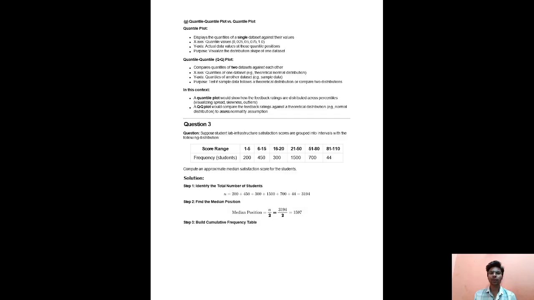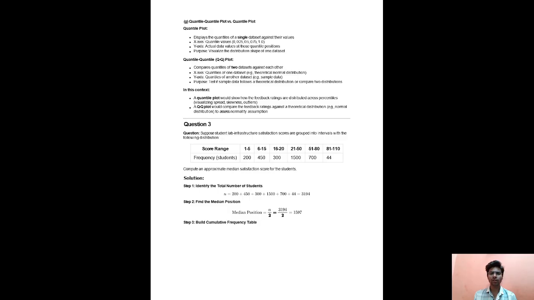Purpose: test if sample data follows a theoretical distribution, or compare two distributions. A quantile plot would show how the feedback ratings are distributed across the percentiles and visualize spread, skewness and outliers. A QQ plot would compare the feedback ratings against a theoretical distribution, e.g., the normal distribution, to assess the normality assumption.